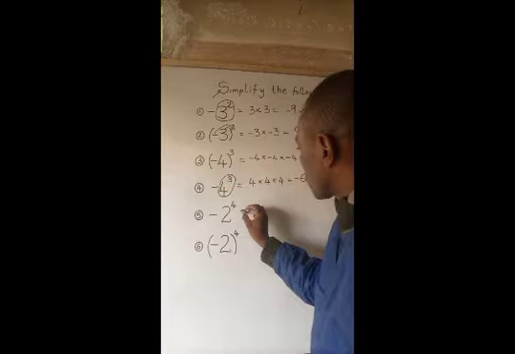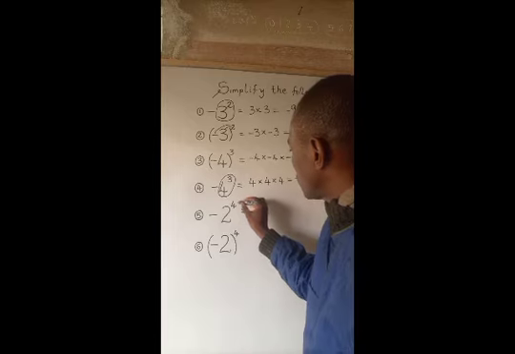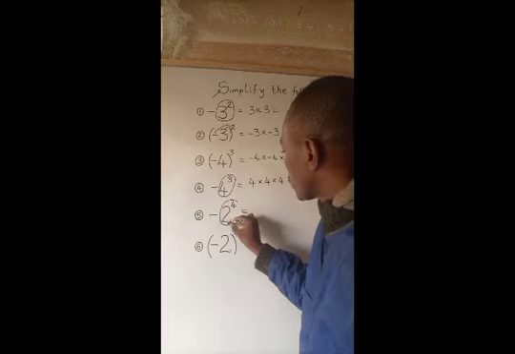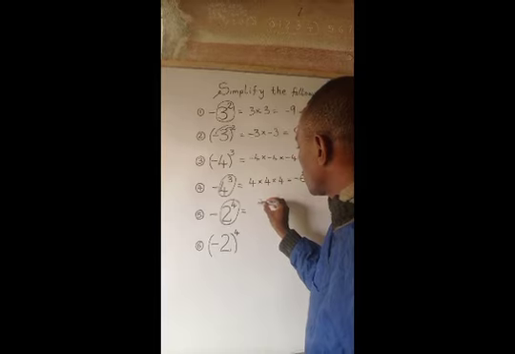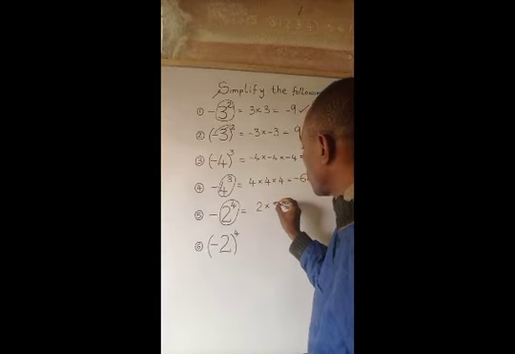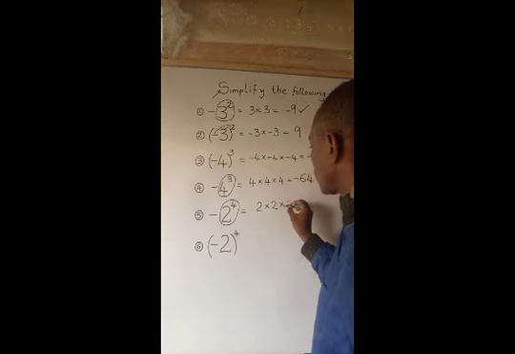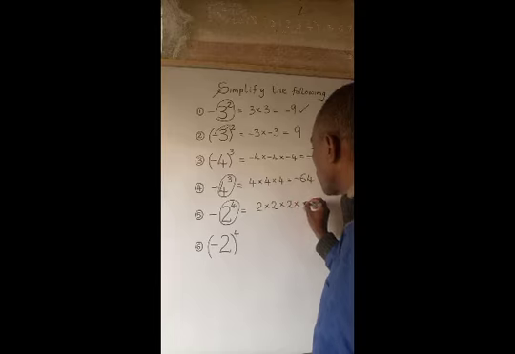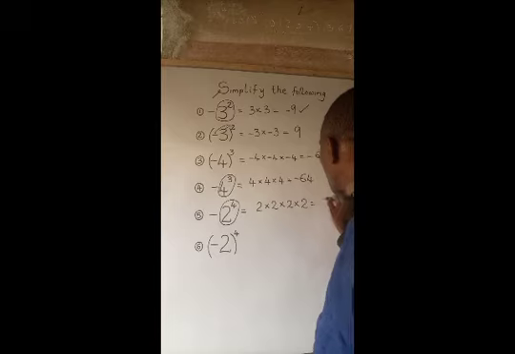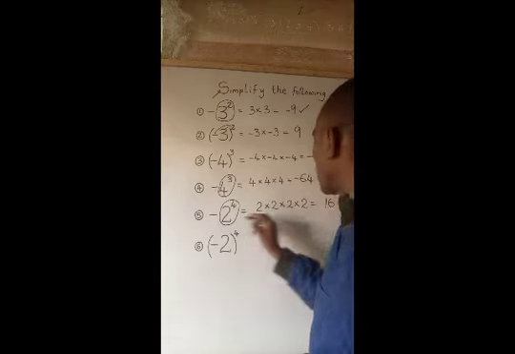We move to the next one, exponent first. That is 2 times 2 times 2 times 2. That is 2 into 4 places. It will give us 16. Then the negative sign.